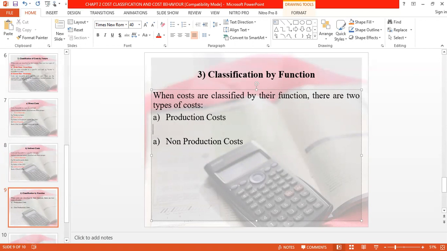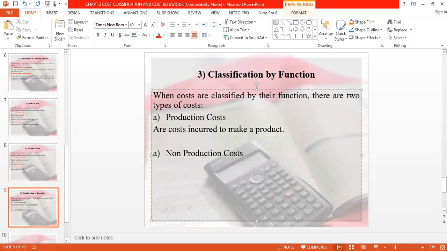Let's start with production costs. Production costs are costs incurred to make a product. Costs that you incur in order to make a product.